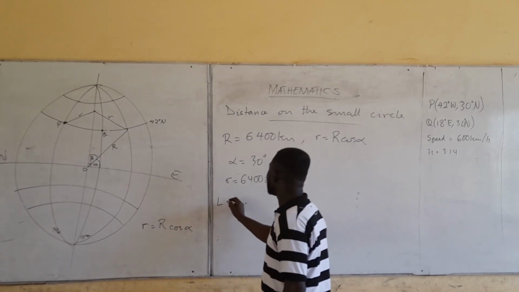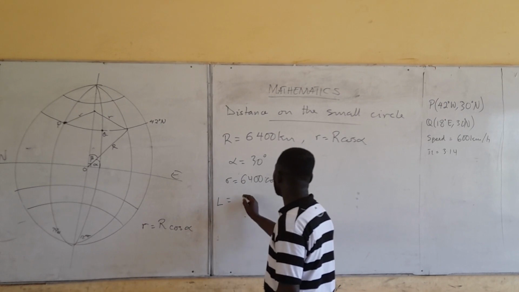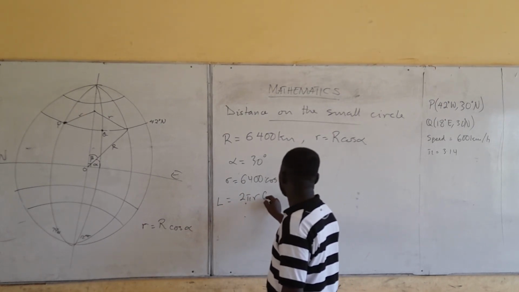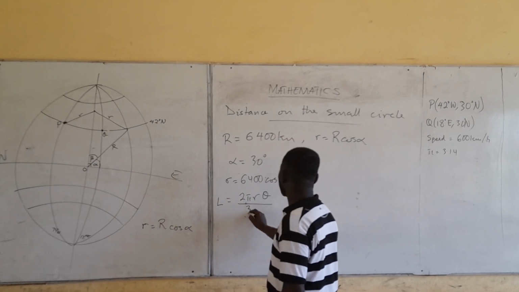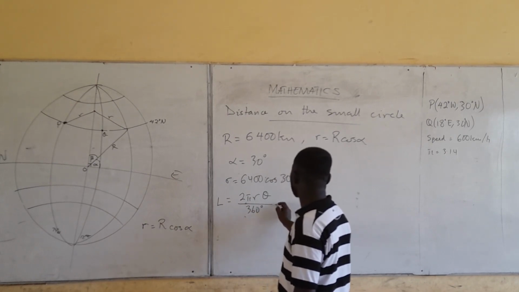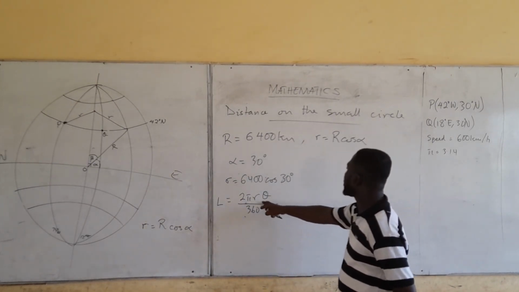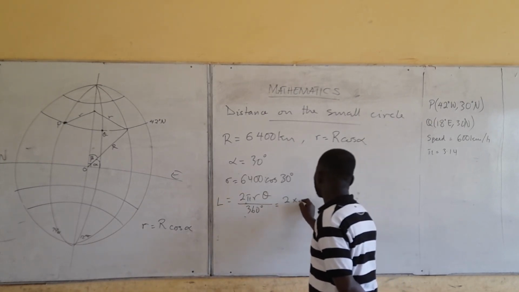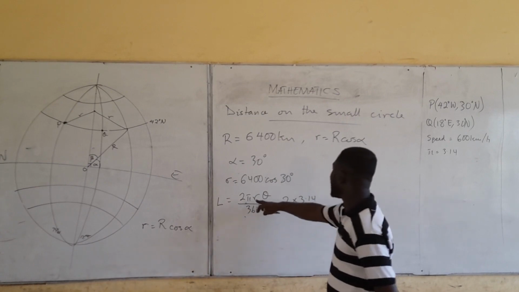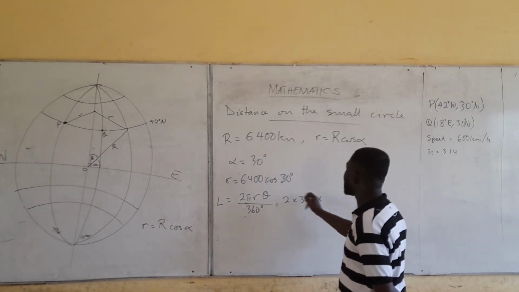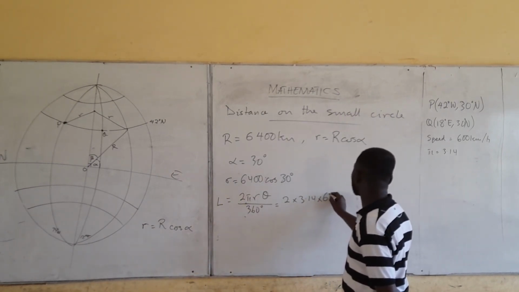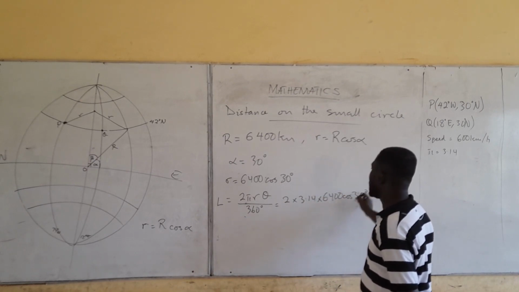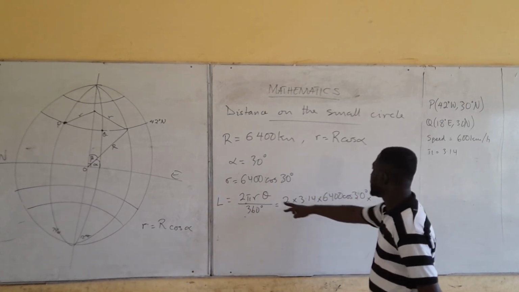So now our length becomes 2 pi small r theta over 360 degrees. So that is going to be 2 times 3.14, that is our pi, times our r, which is 6,400 cos 30, then times the theta.